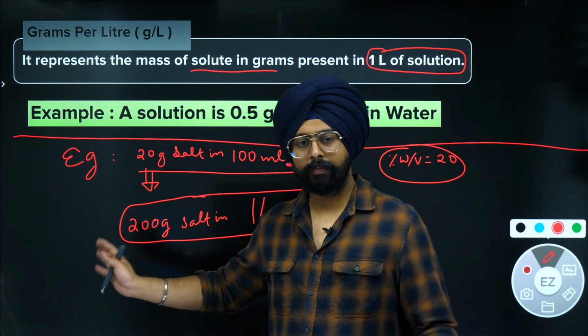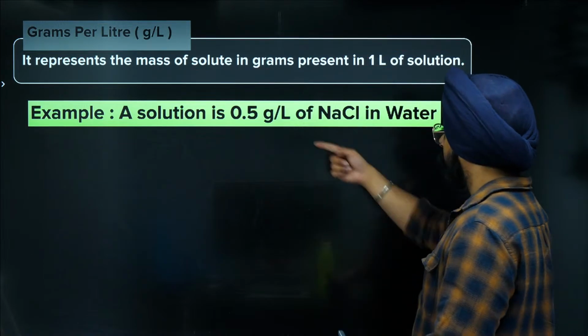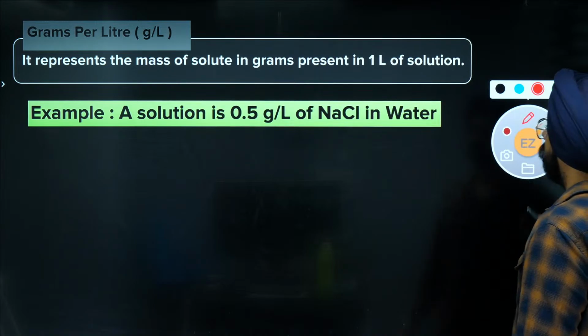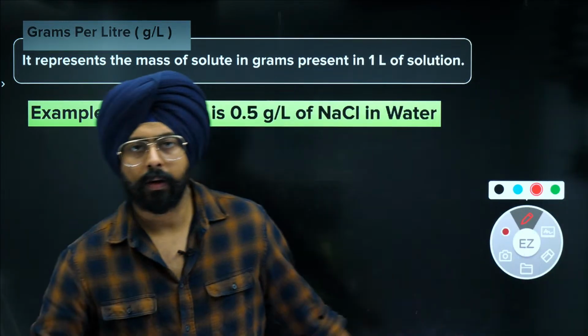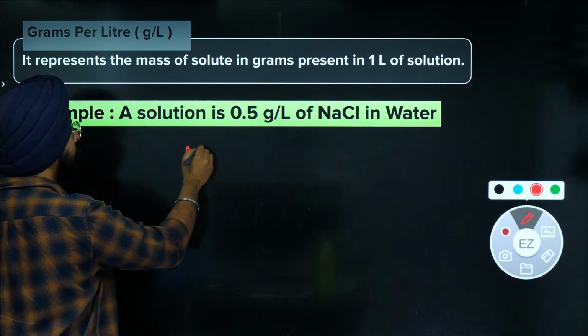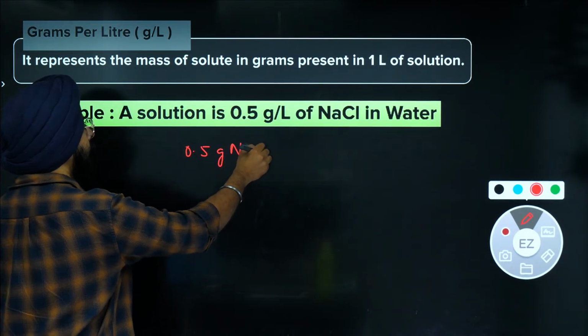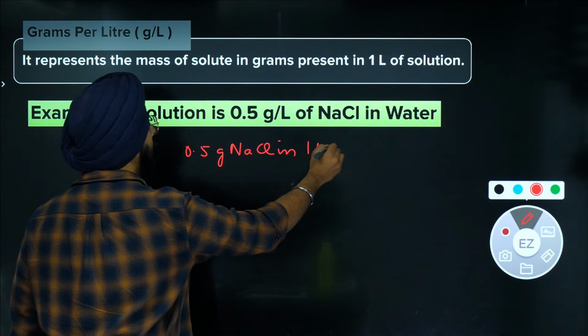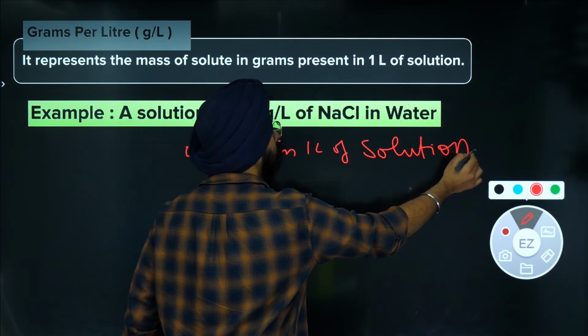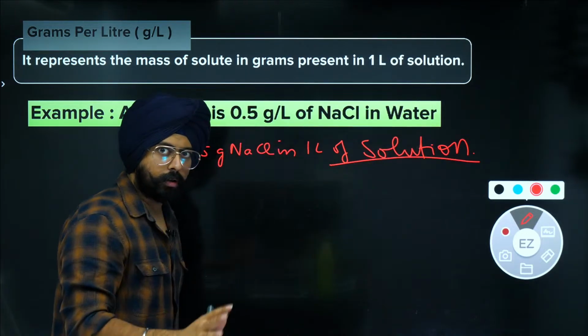Same thing. Fine. So this one over here, a solution is 0.5 grams of NaCl in water. What does this mean? This basically means there is 0.5 grams of NaCl in 1 liter of, again, solution, not 1 liter of water.